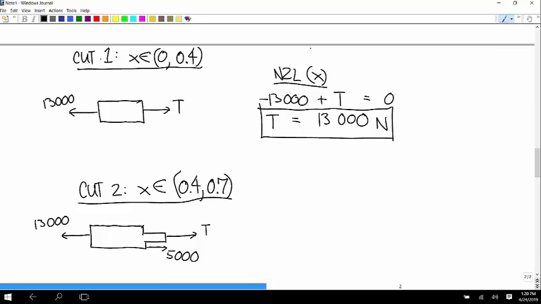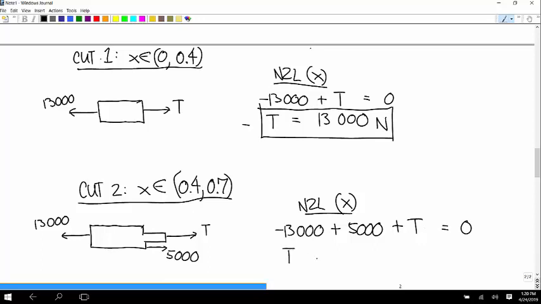But for the internal loads, we have never worried about the thickness of the beams. And so Newton's second law, x component says negative 13,000 plus 5,000 plus T is equal to 0. So T is equal to positive 8,000 newtons.